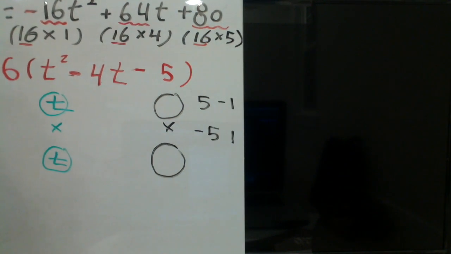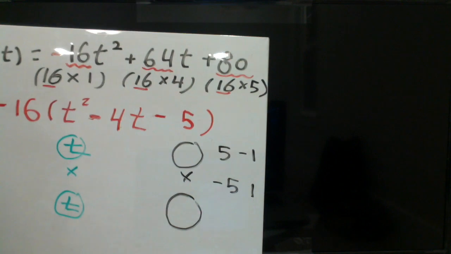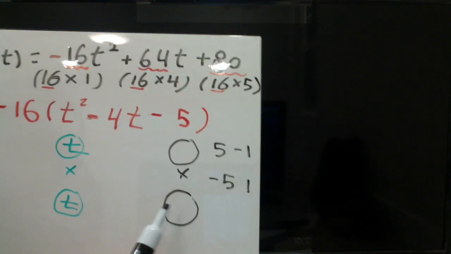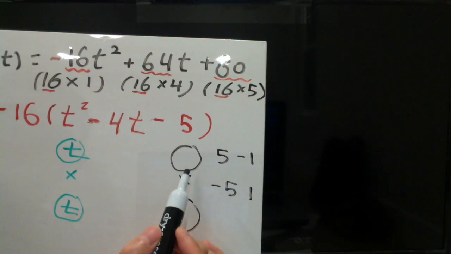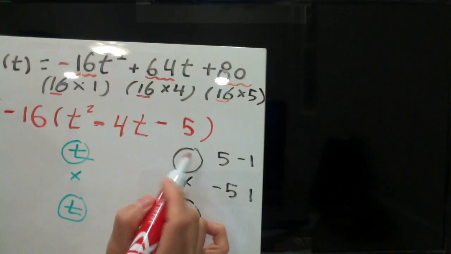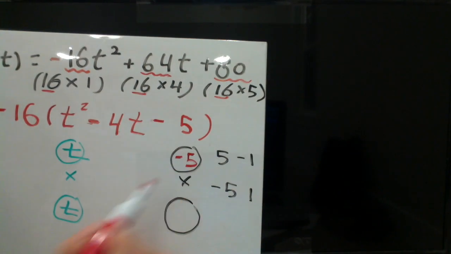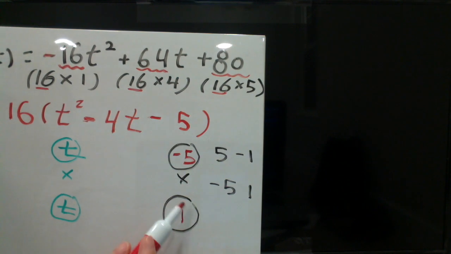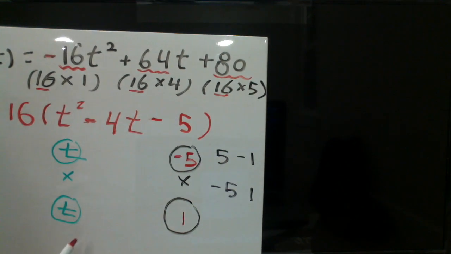I cannot think of anything else to make a negative 5. So I'll put negative 5 and then 1. So negative 5 times 1 is negative 5, right?